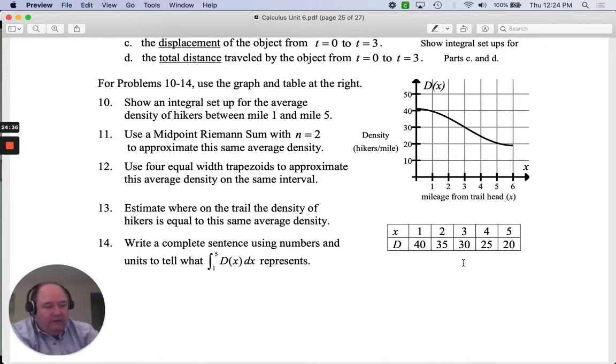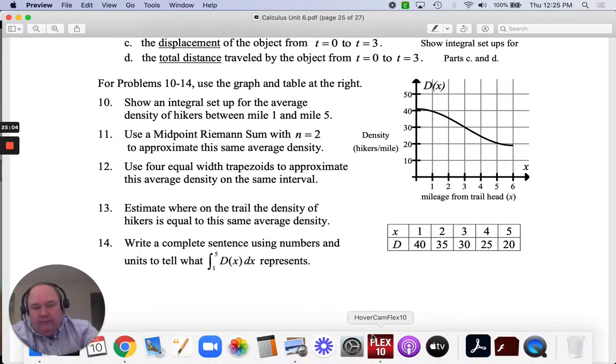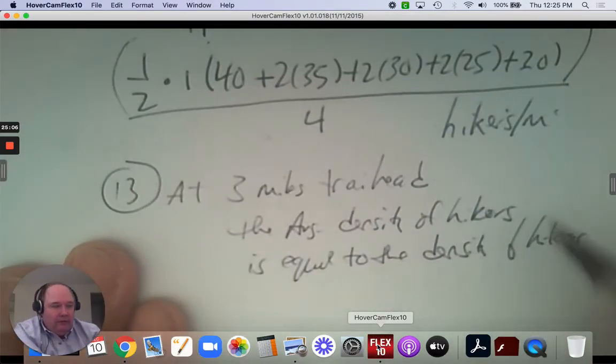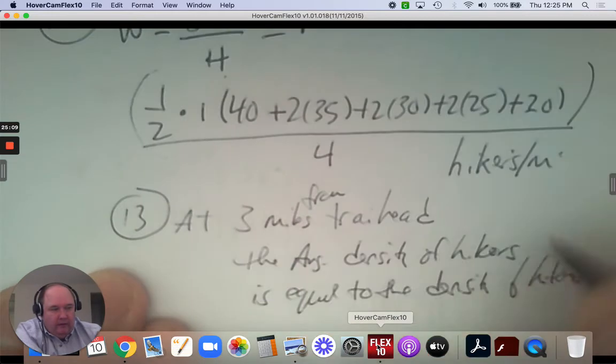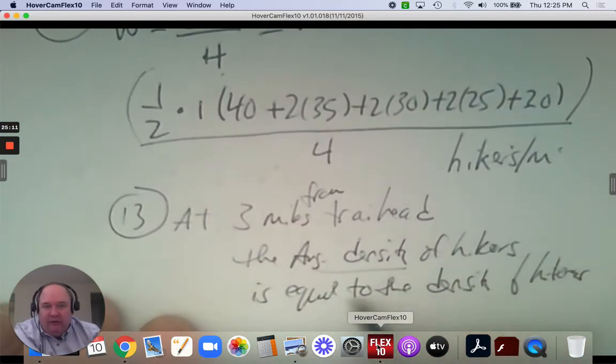Number 14, let me just write it out. So at 3 miles from the trailhead, the average density of hikers is equal to the density of hikers.